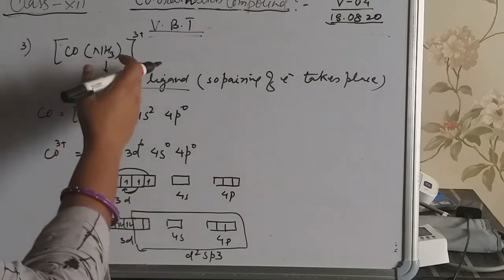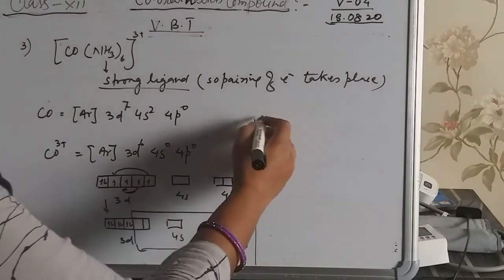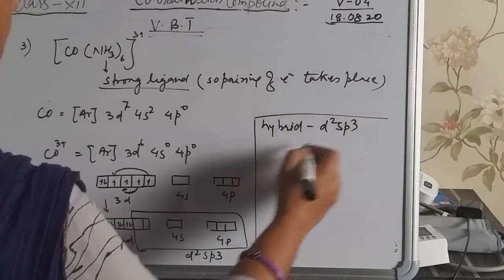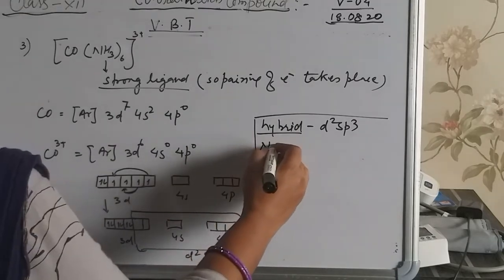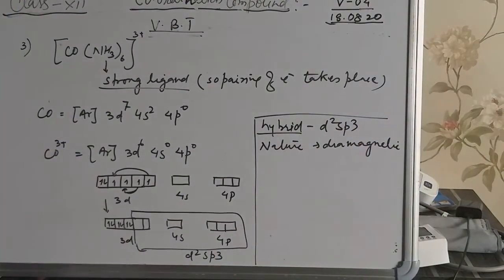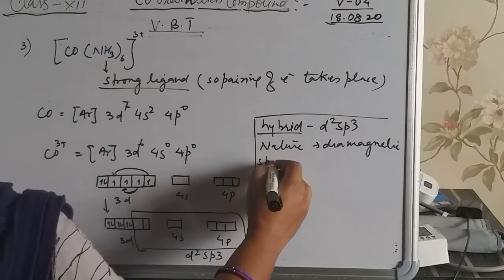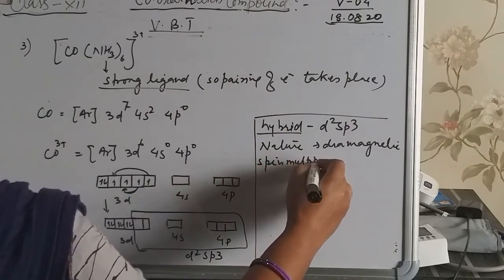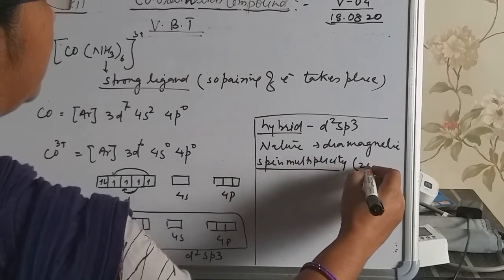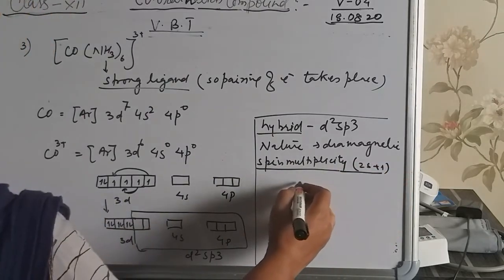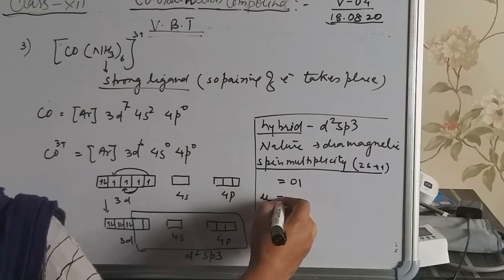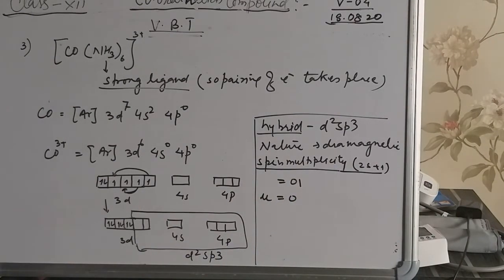So the nature of this particular complex compound is diamagnetic. So hybridization d2sp3, nature diamagnetic, spin multiplicity equal to 1 and magnetic moment mu equal to 0, because there is no unpaired electron.